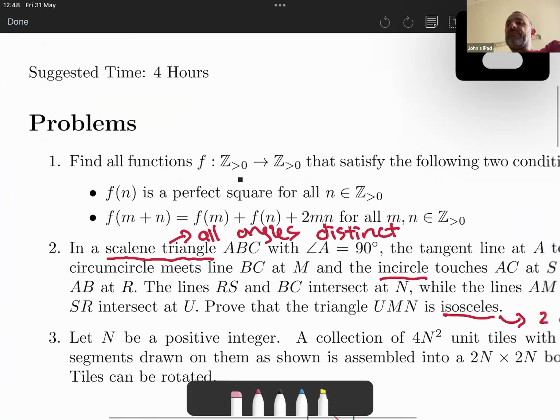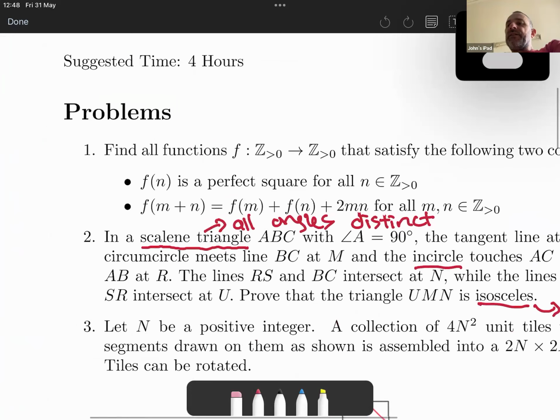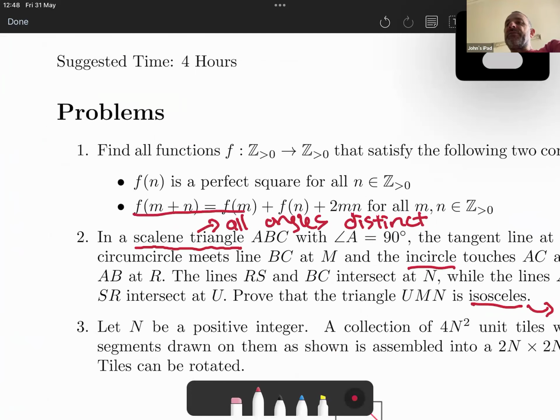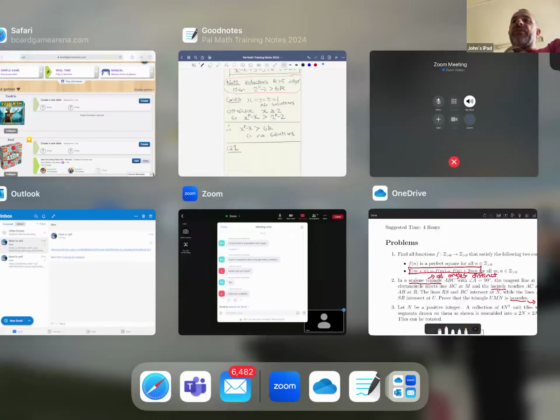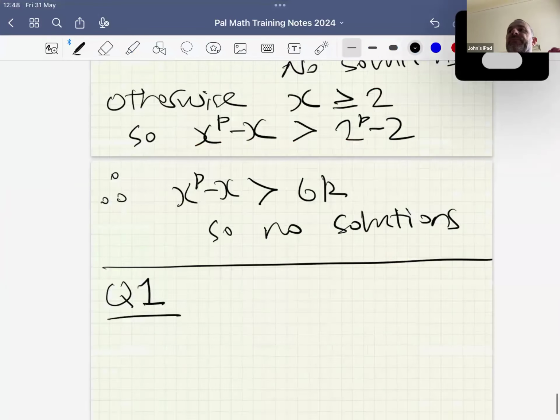So f of m plus n is f of m plus f of n plus 2mn. Okay, so I'll go back to this.